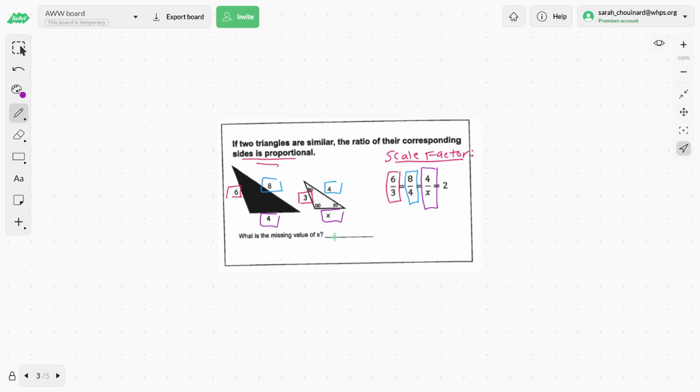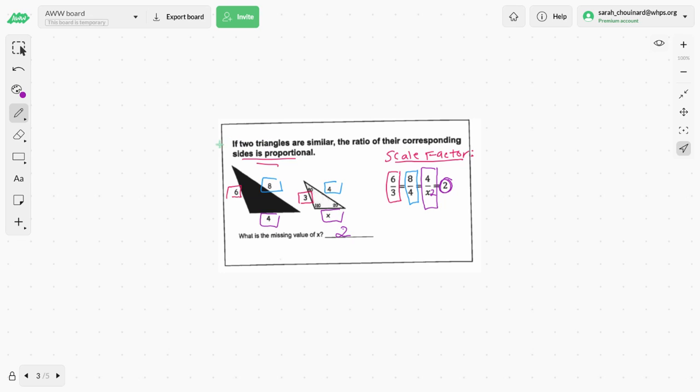So what does the missing value of x need to be? It needs to be 2, because if I did 4 divided by 2, I would get the scale factor of 2, which tells us that the dark triangle is 2 times bigger than the lighter triangle.